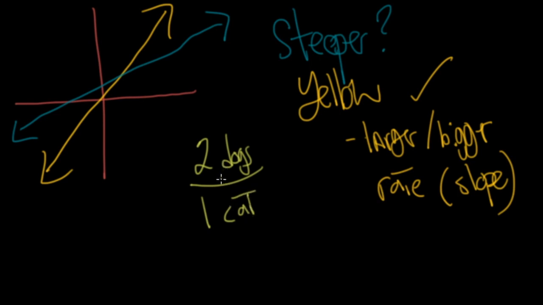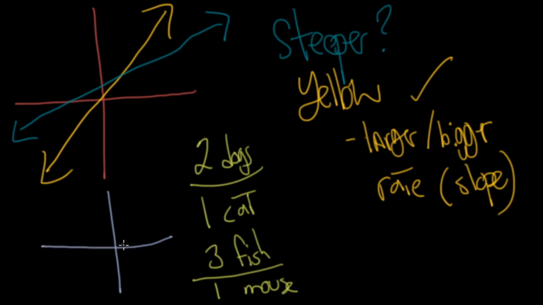And if we took a look at, say, maybe what would happen when you had 3 fish for every, I don't know, for every 1 mouse. That makes no sense. Which one would have a steeper graph? So you would take a look at those.